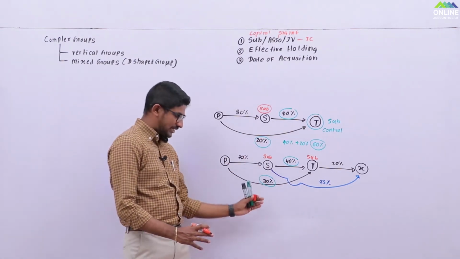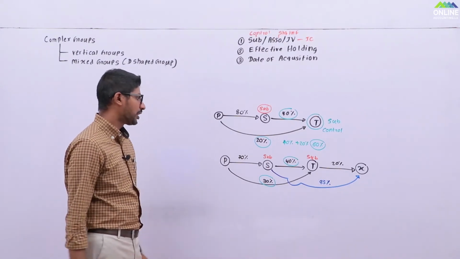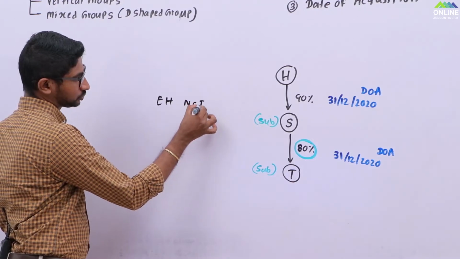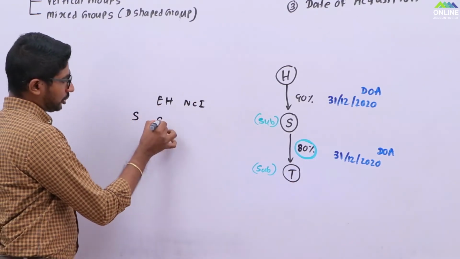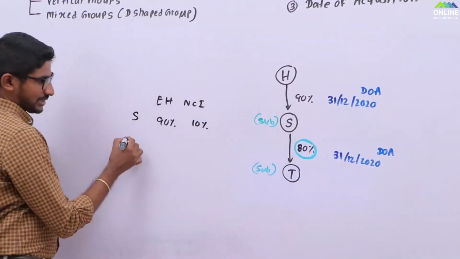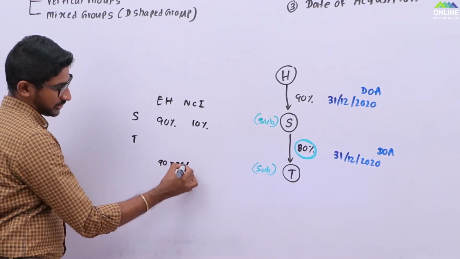That 40% and this 30% will bring you more than 50%, it will bring you control over it. Effective holding and NCI: when it comes to S, not rocket science, 90% and NCI 10%. When it comes to T, we have to compute 90% into 80%.